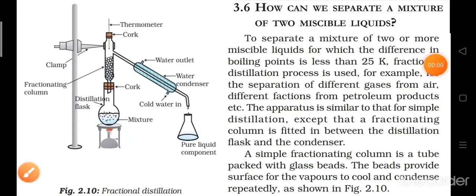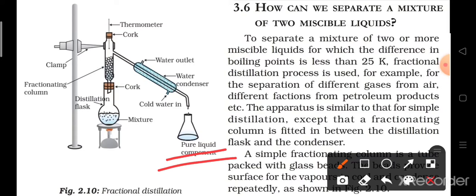as shown in figure 2.10. In this way, the liquid with the higher boiling point comes back into the distillation flask, and the vapors of the liquid with the lower boiling point pass through the condenser, get condensed and are collected in the beaker over here.